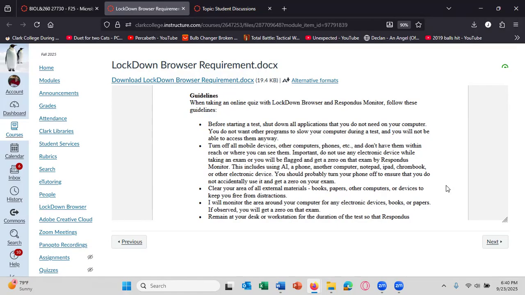You want to shut down all the applications that you do not need on your computer because they'll only slow down the lockdown browser and monitor, making it more difficult for you to take the exam.